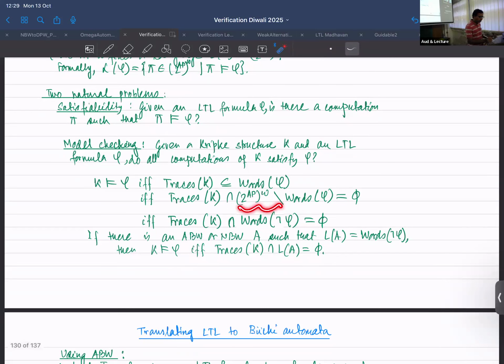The complement language can also be seen as the language corresponding to the complement formula, the negation of the formula. So traces of K intersection words of negation of phi is empty.